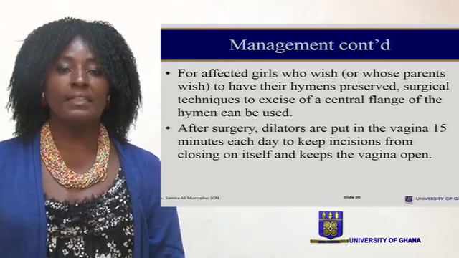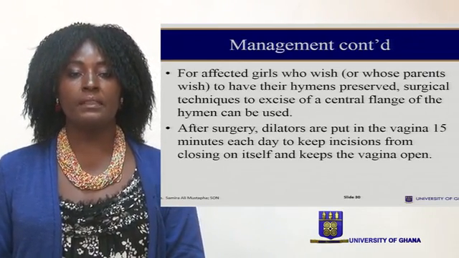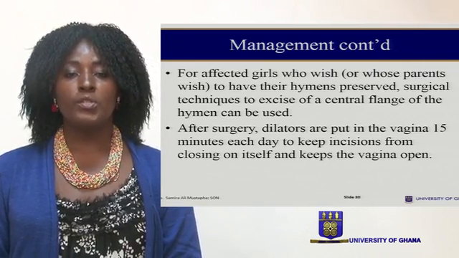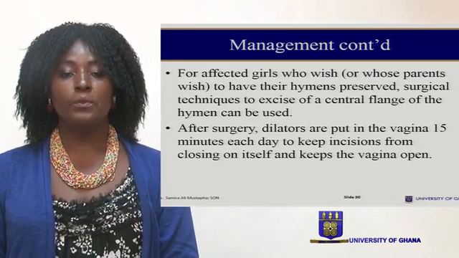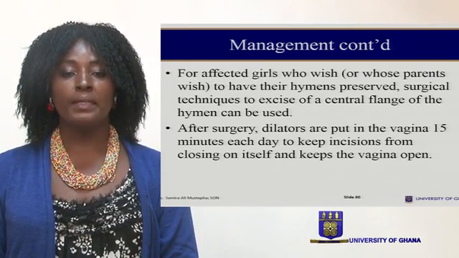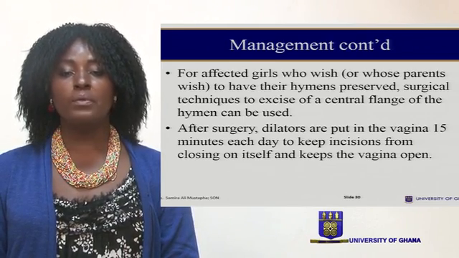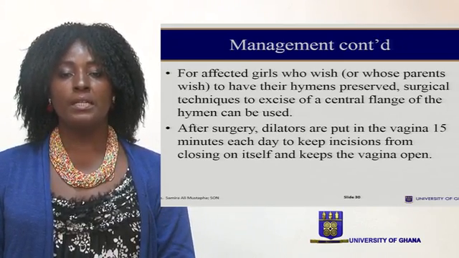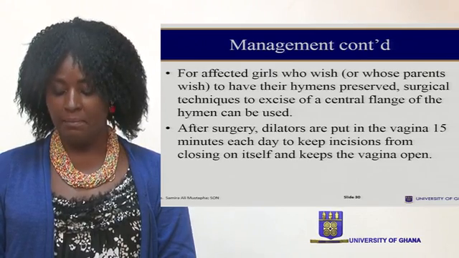For the affected girl whose parents wish to have the hymen preserved, surgical techniques are used to ensure that the hymen is maintained, even though the intervention will bring about the incision. After surgery, dilators are put in the vagina 15 minutes each day to keep the incision from closing and also keep it patent.